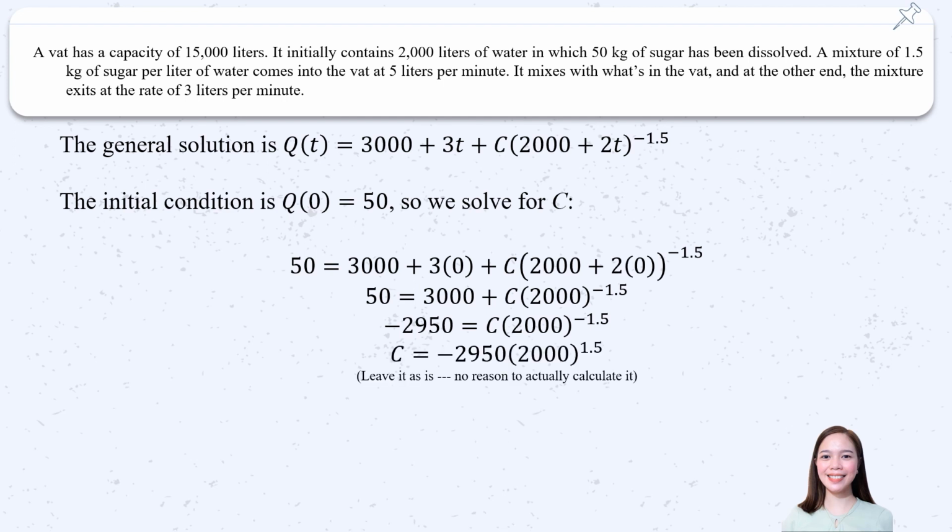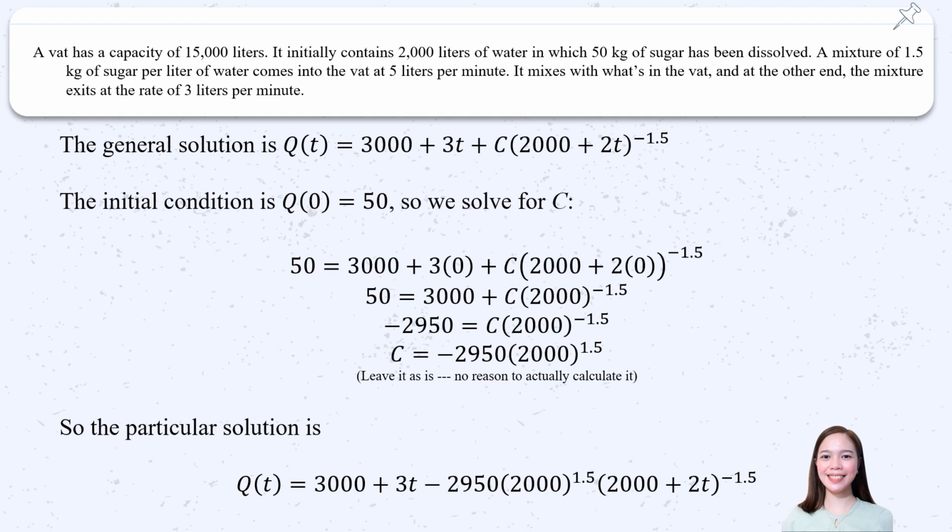So we have here the value of C, which is equal to negative 2950 times 2000 raised to 1.5. There is no reason for us to actually calculate the value of C. Thus, the particular solution is Q(t) is equal to 3000 + 3t minus 2950 times 2000 raised to 1.5 times (2000 + 2t) raised to negative 1.5.